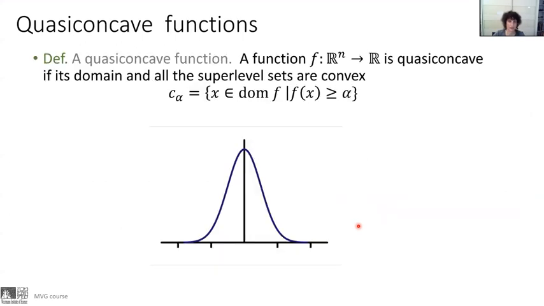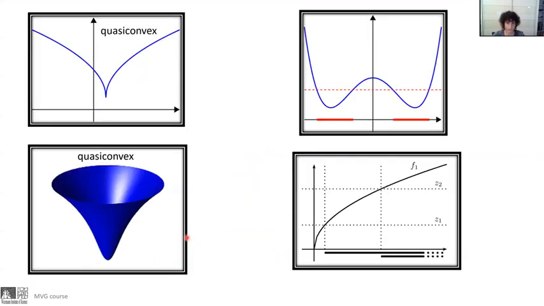As we have a quasi-convex function, we have a quasi-concave function. What is it? Instead of looking at the values f(x) smaller than alpha, I'm looking at the values f(x) larger than alpha. Okay? And again, here I'm getting intervals between this and this, between this and this, okay, etc. Let's see some examples.